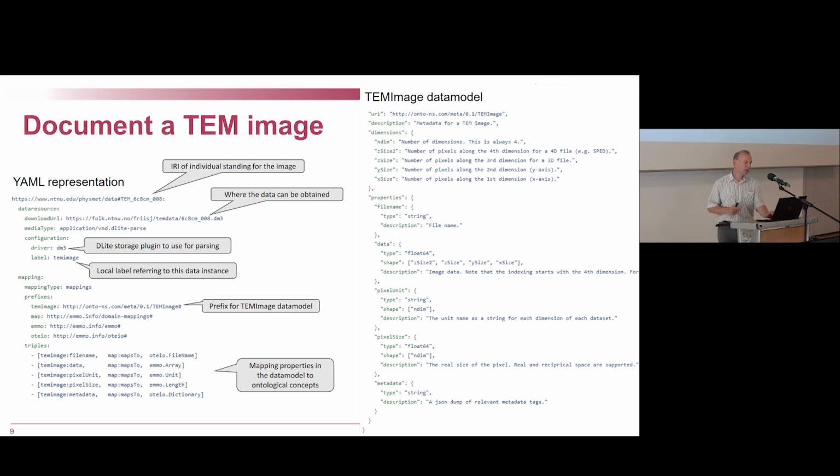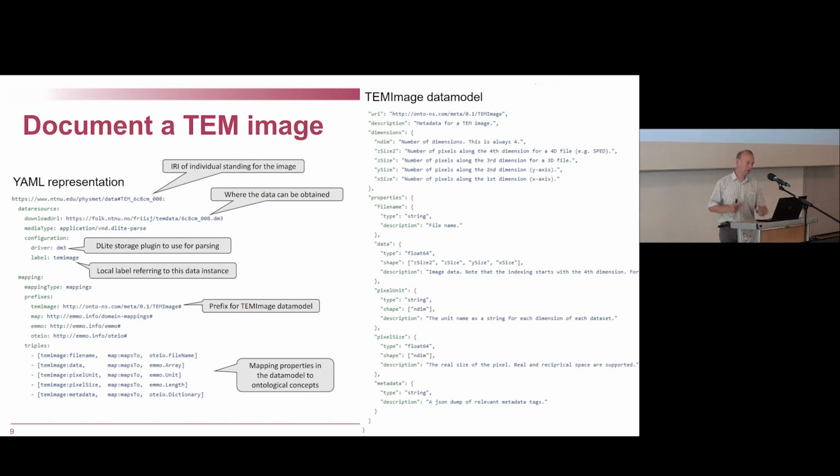A next step would be mapping, so relate this image to the ontological concept. We do that by, so these are the properties in the image you see here, and they are then mapped to, okay, the file name in our data model, we map to the concept file name in our OTA interface ontology.